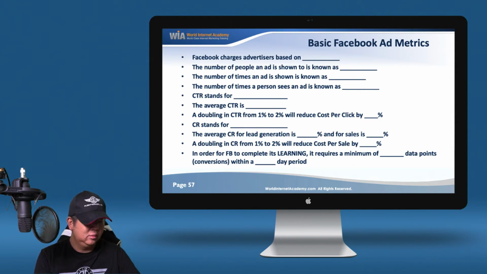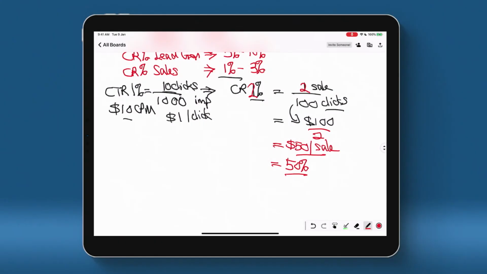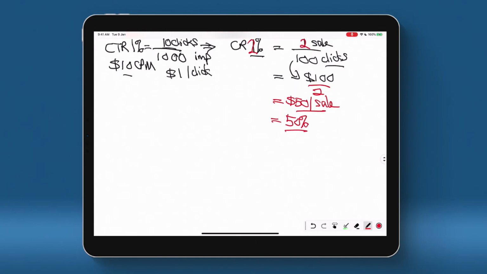So let me give you the answer, because it's one of those either you know it or you don't. In order for Facebook to complete its learning, it requires a minimum of 50 data points.